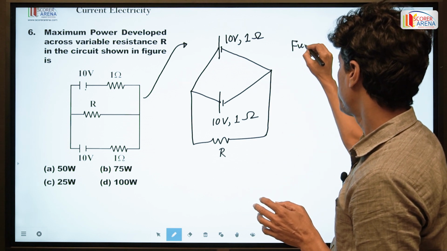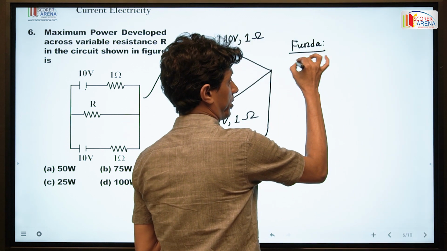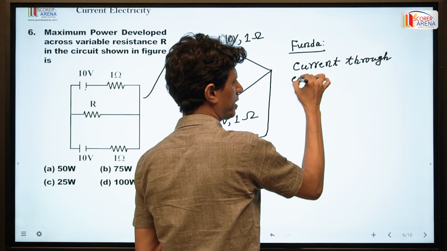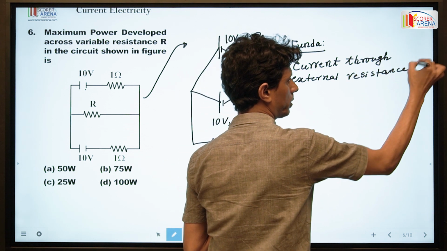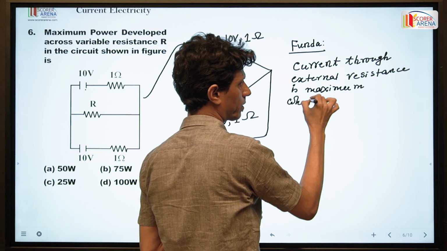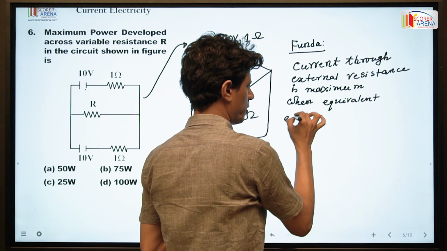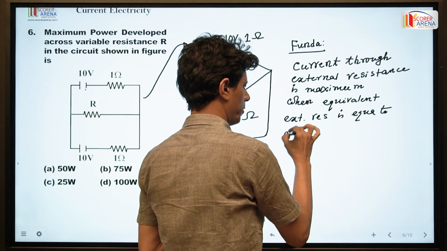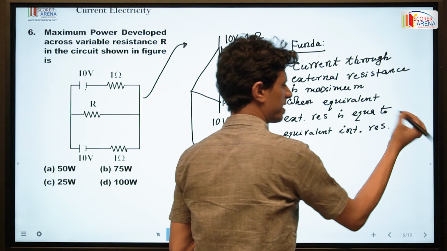Here is an important fundamental for this type of problem: current through the external resistance is maximum when the equivalent external resistance is equal to the equivalent internal resistance.